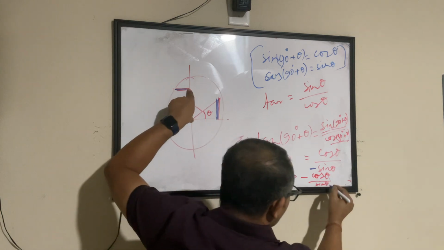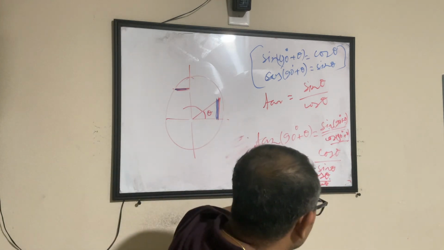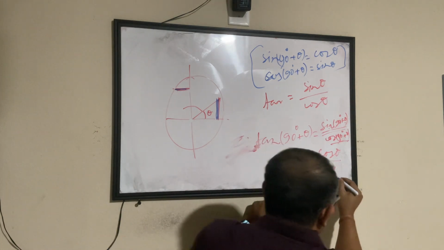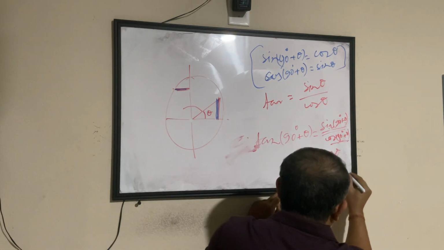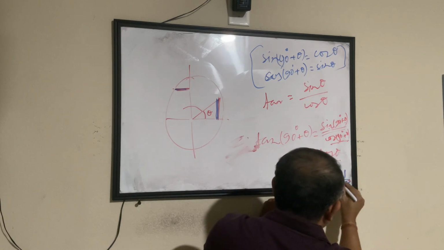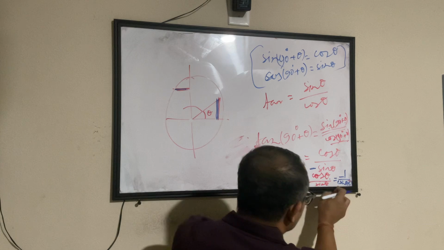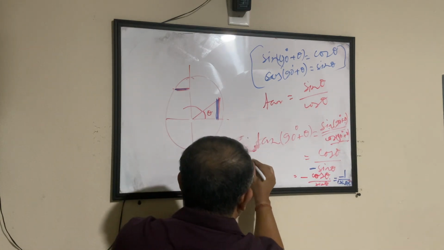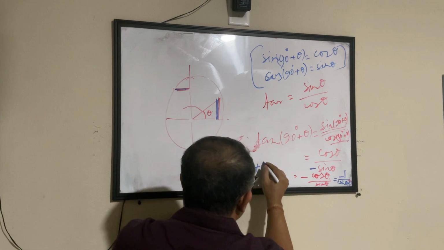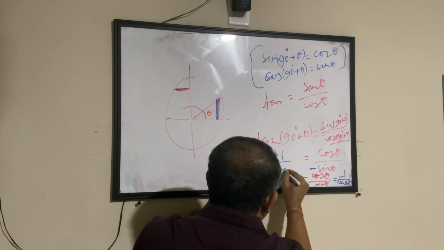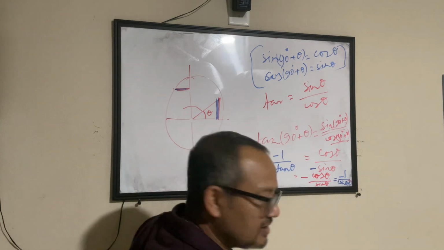So it is cos theta by sine theta multiplied by a negative. So this became minus cos theta by sine theta, or you can say minus 1 divided by sine theta by cos theta. I am just converting this. So tan of 90 degree plus theta equals minus 1 divided by tan theta.